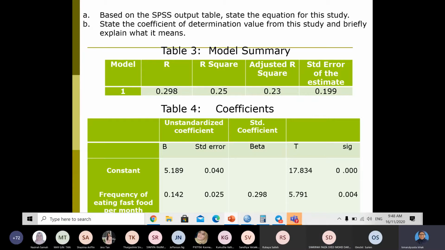Okay, y equal to 5.189 plus 0.142x. For the full answer, the first line you should write that y equal to that, x equal to that. The second line you write y equal to total cholesterol. So total cholesterol equal to 5.189 plus 0.142 in brackets the frequency of fast food intake. We must write in full, Doctor. Yes.